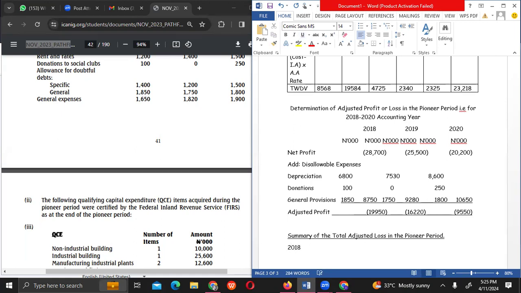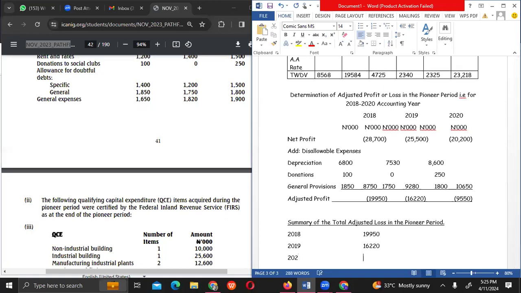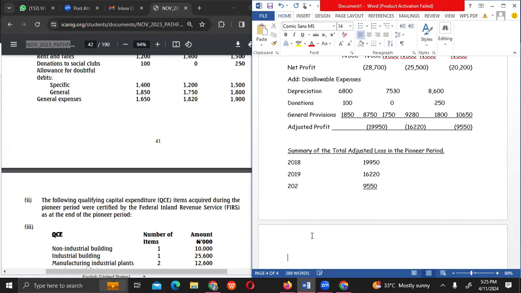How much is the loss? 19,950. 2019 is how much? 16,220. 2020 is how much? 9,550. So total loss, accumulated loss, is 45,720. Is it clear now?